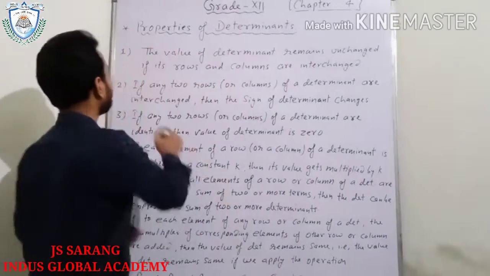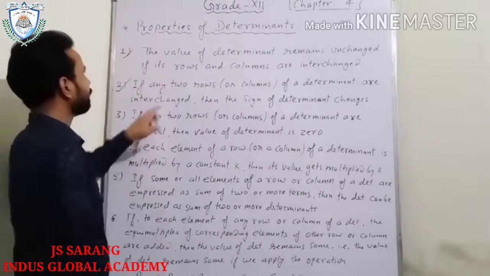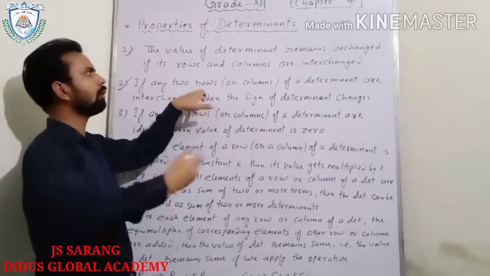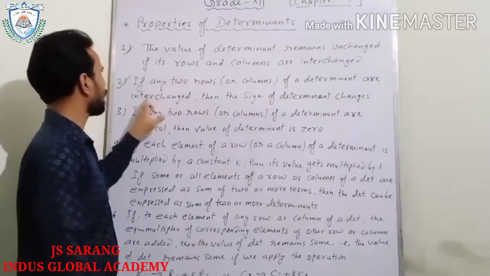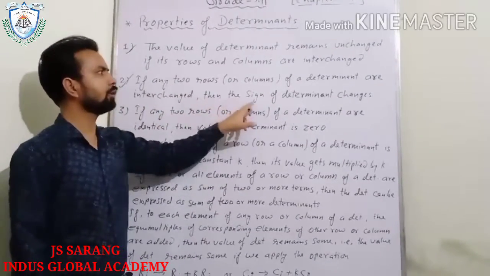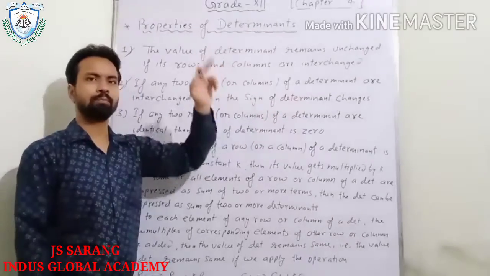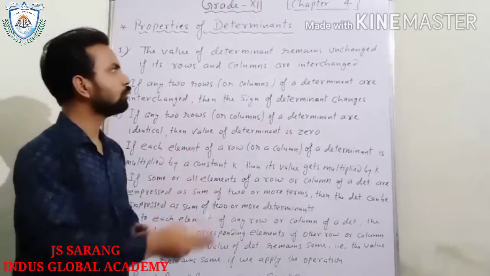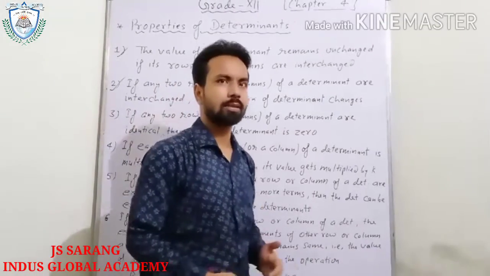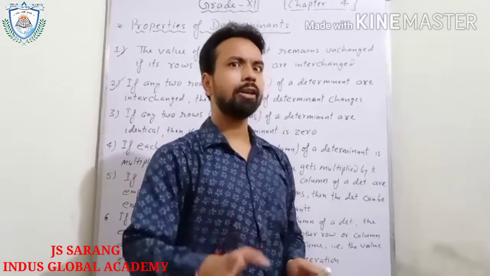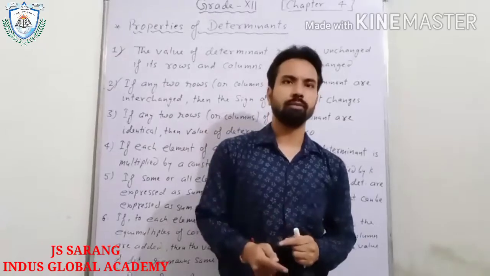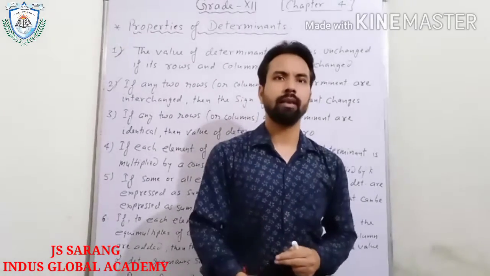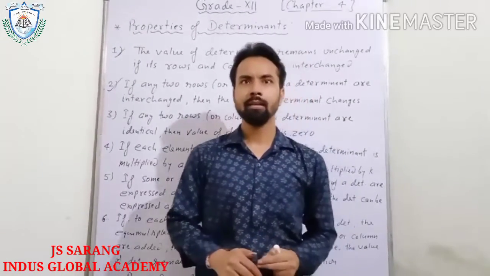The second property is if any two rows or columns of a determinant are interchanged, then the sign of the determinant changes. Means if we interchange any two rows or any two columns. For example, if I want to interchange R1 and R2 or R2 and R3 or R1 and R3.